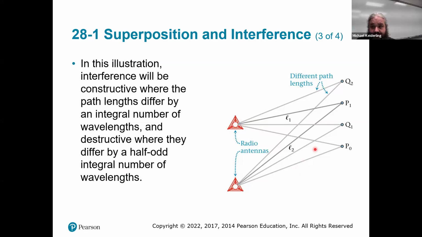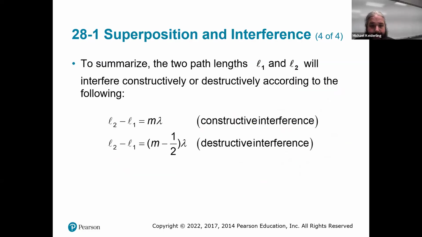So if they differ by 1, 2, 3 wavelengths, they'll add up constructively. 1.5, 2.5, 3.5, destructive. So if you look at the two path lengths, identical signals of the same wavelength in the same phase travel, they'll interfere constructively if they differ by an integral number of wavelengths, and it's destructive if it's a half in between.